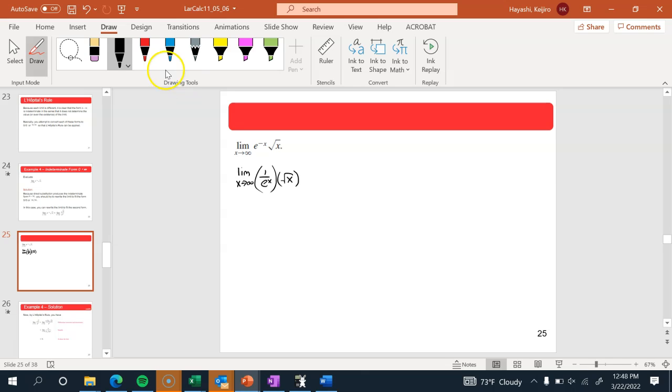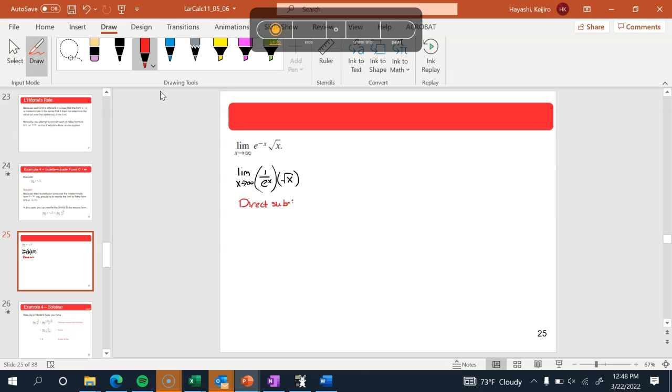If you tried plugging in infinity into this as it is, e to the power of infinity will surely be very large, and 1 divided by something that's very large is going to tend towards 0. And the square root of infinity is still infinity, so that's 0 times infinity.